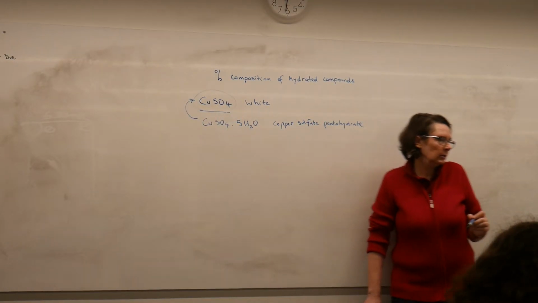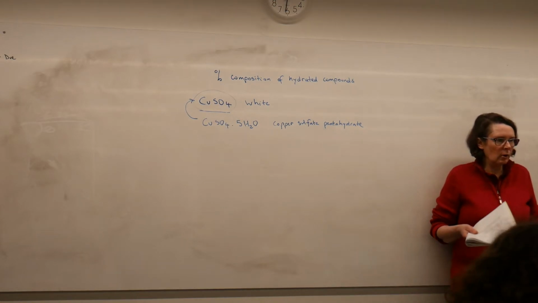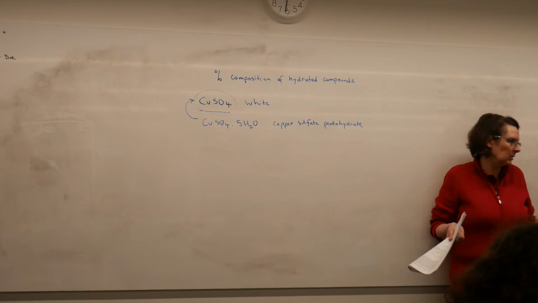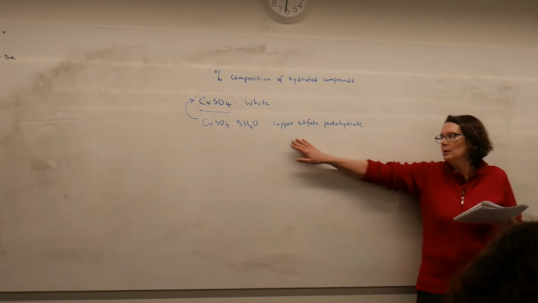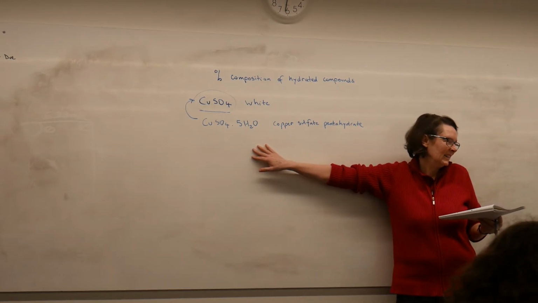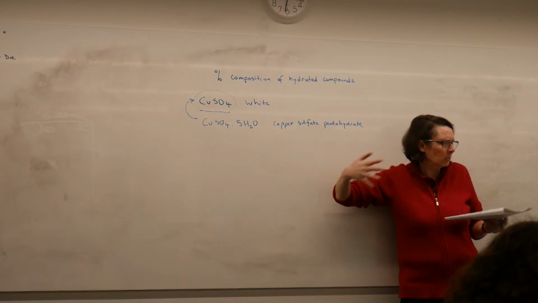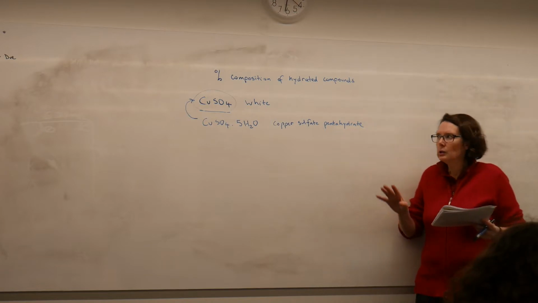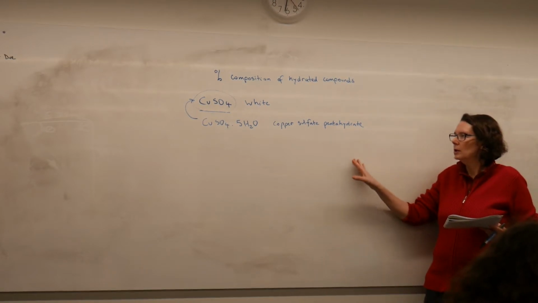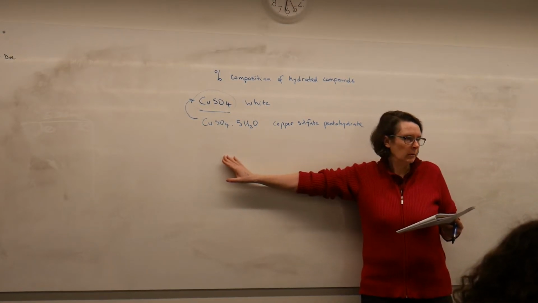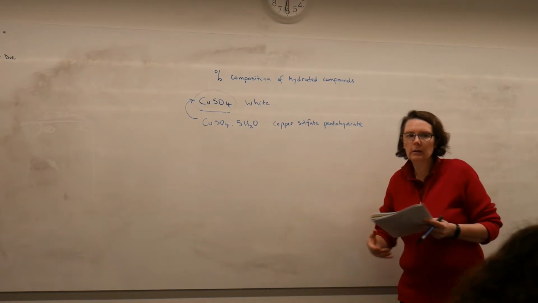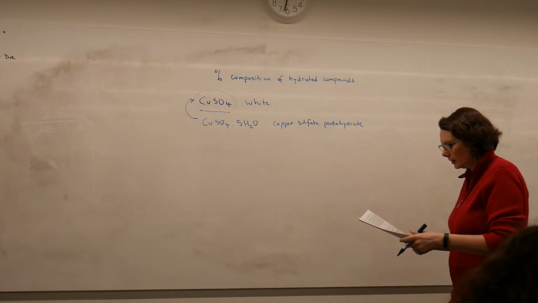We're not going to worry about the complication that in actual fact, if we were doing it as an experiment, we would be using the pentahydrate. So don't overcomplicate what you already know. The times when you need to include the water, it will be specified in the question. So don't worry about adding it in if it's not there.